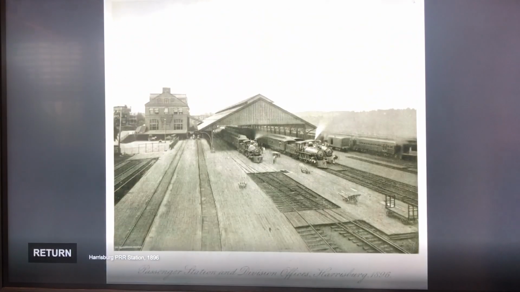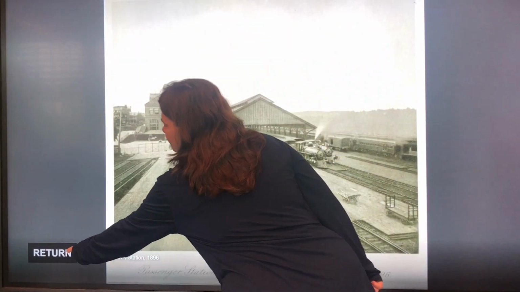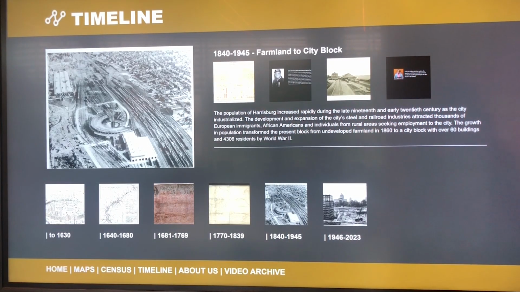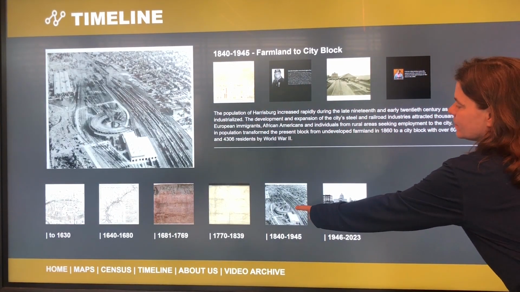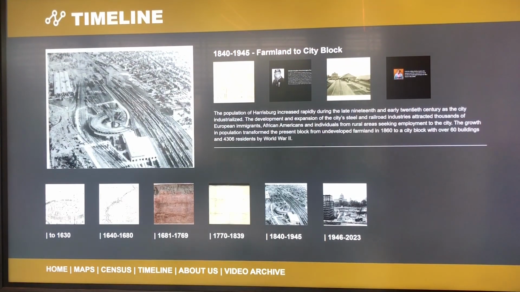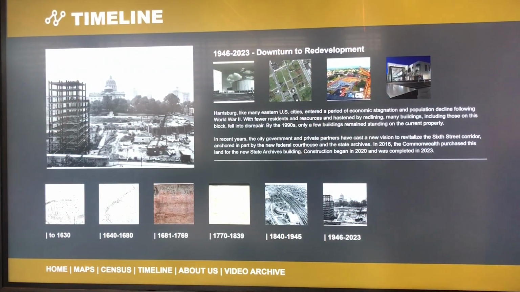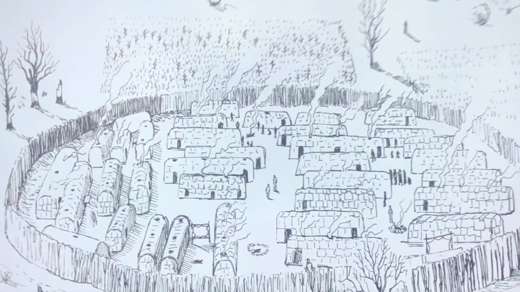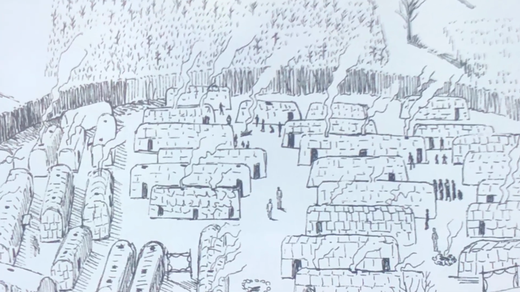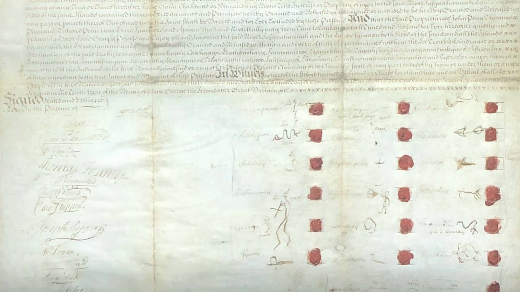You can even find historic photographs. Here's the Harrisburg train station in the late 1800s, early 1900s. And here's a favorite photo, the Pennsylvania Archives. There are several photos featured on the interactive board.